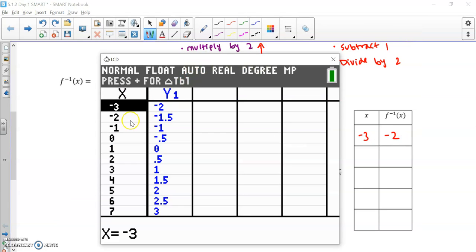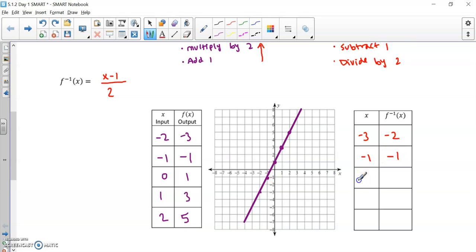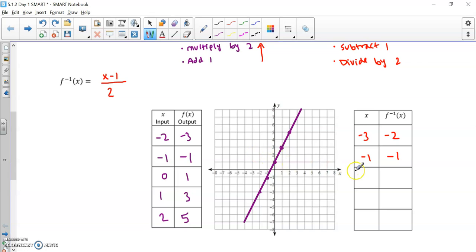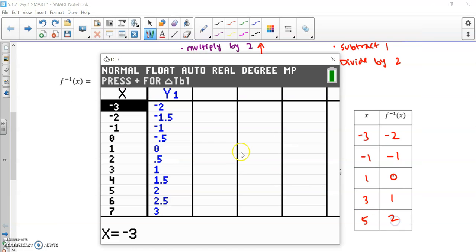And then instead of doing -2, -1.5, because I don't really want to deal with the decimal, I'm going to go to the next one instead. -1, -1. And then what was the next one? 1, 0. 3, 1, and 5, 2. And you'll see 1, 0, skip this one, 3, 1, skip this one, 5, 2.